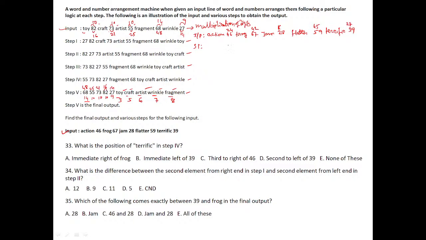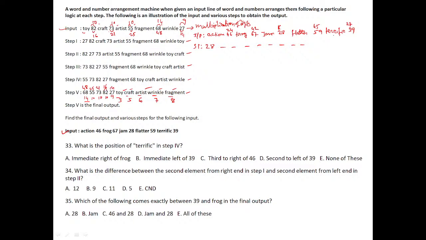Okay, now how do we solve it? We will not write all the words and numbers every time in each of the steps. Rather we will follow by just making a dash. How? See, first we will take that particular number which has the lowest multiplication of digits, that is 28, right? So here is 28. Now 1 2 3 4 5 6 7 8 9 10.